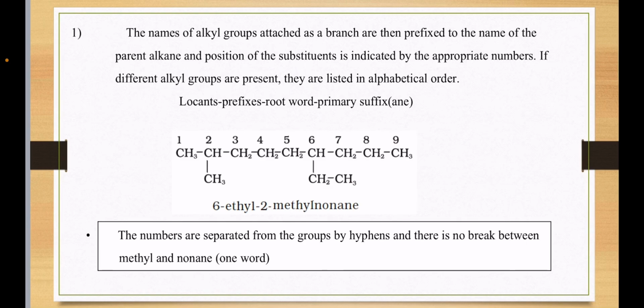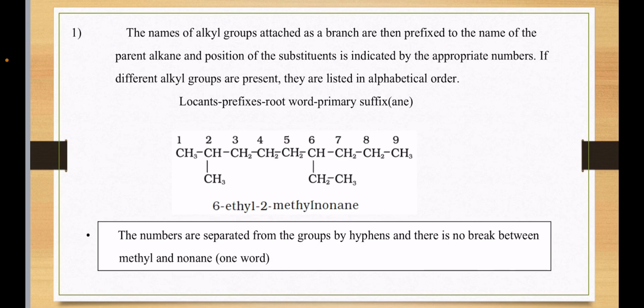It means when we write the name, if a methyl group or ethyl group is there, we write the position of the carbon at which this branch is present, then a hyphen, then the name of the substituent, and then the name of the parent compound. As you can see, methylnonane is written as one word. So in the example it is 6-ethyl-2-methylnonane.